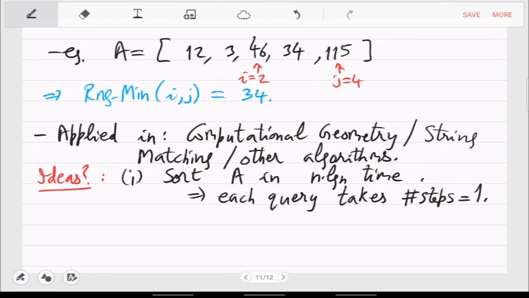So this mapping between, so sorting is not really a real solution here. So that is the warning, but sorting may not be allowed.